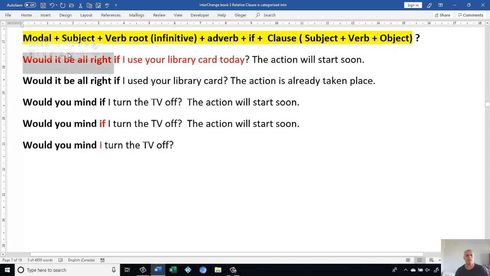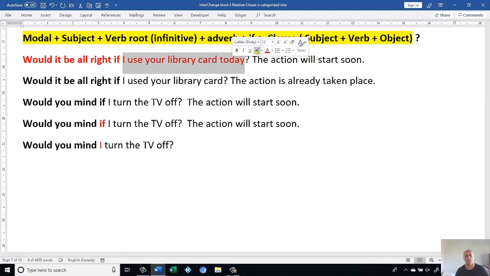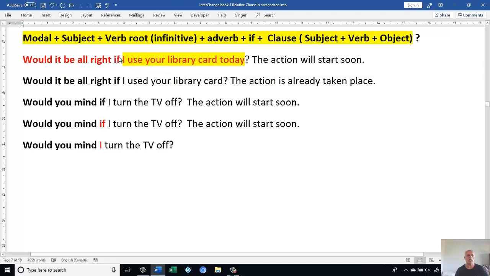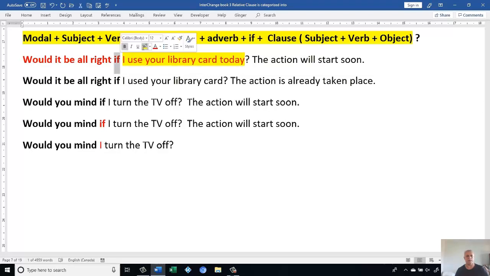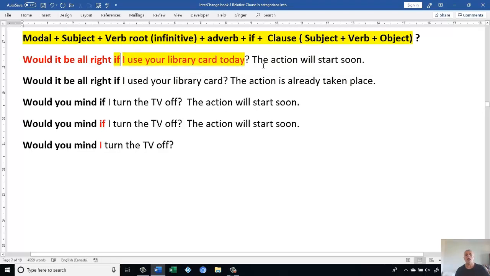That's the first sentence, or sometimes we say the first clause, and then the second clause here, which is connected by if. The action will start soon, that's the reason we say, would it be alright if I use your library card today?